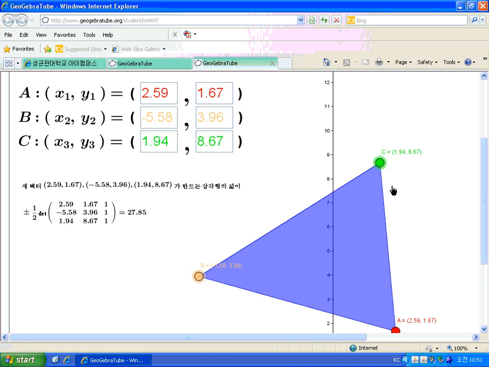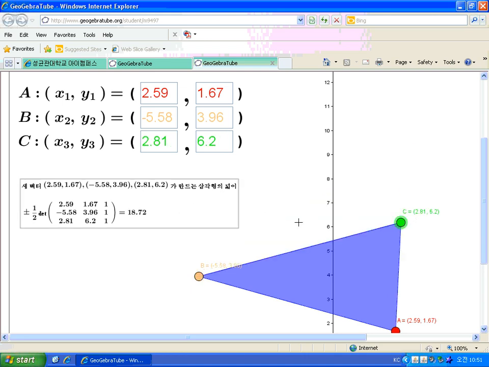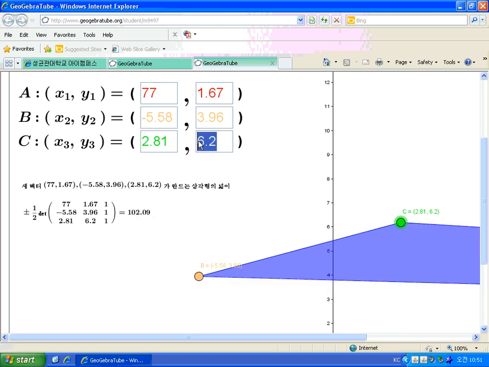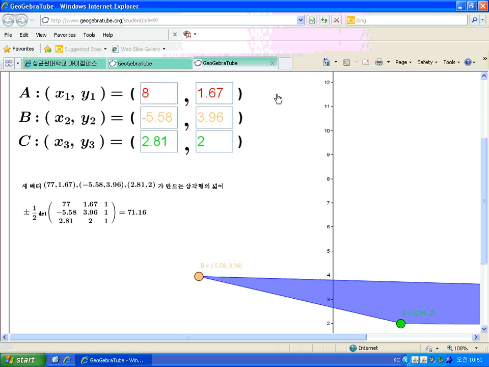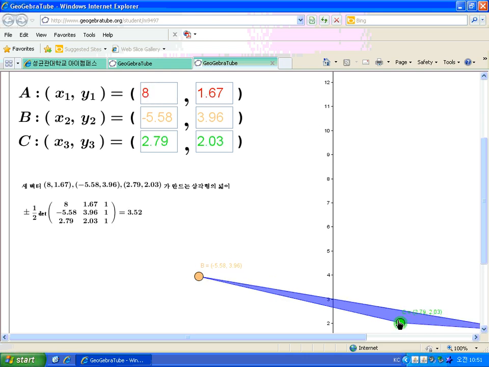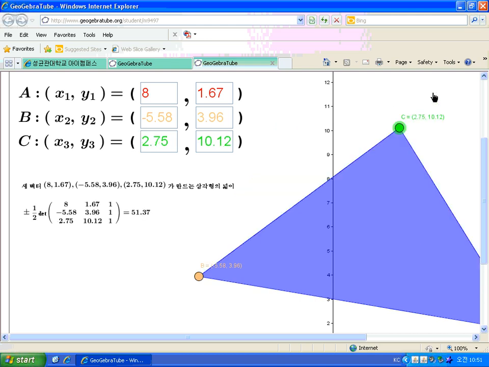This can be done because this area is one half of the determinant of a matrix which is made by these 3 points. If you change these numbers to something like this, then you will see another triangle.